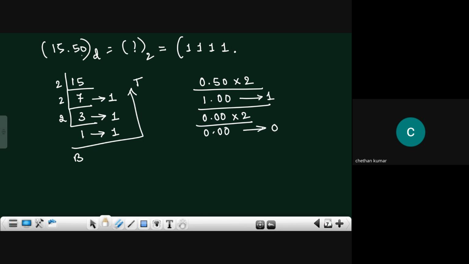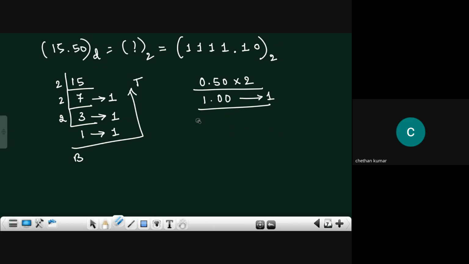Means 0.50 in binary is what? 10. You understood? The base of what? 2. The base of 2. Are you understood? So until this 0 is not there, right?